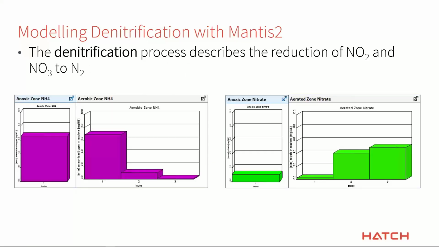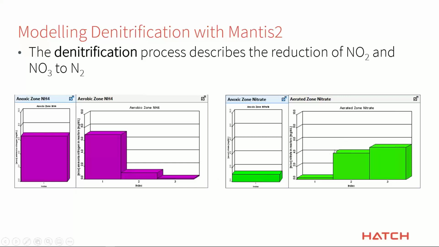Okay, so this is what it looks like when you do that in GPSX. These are results that came out from a simulation that is actually one of our sample layouts where we have an anoxic zone. It's actually a separate tank in that particular case. And you can see here on this side, this is showing the ammonia. It's coming into the anoxic tank, and then as we go through the aerobic part, it's being nitrified.